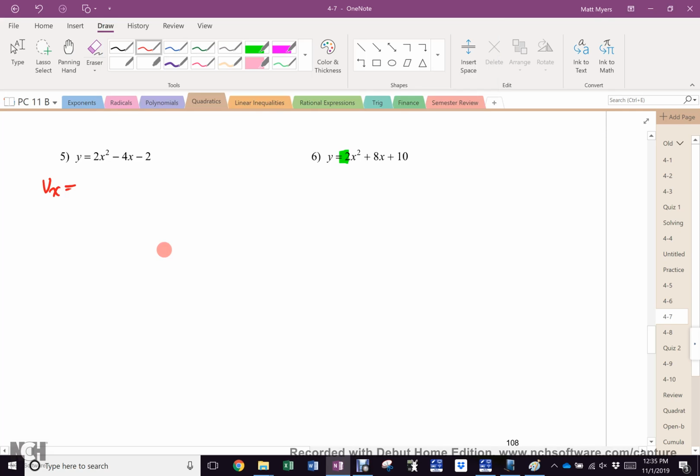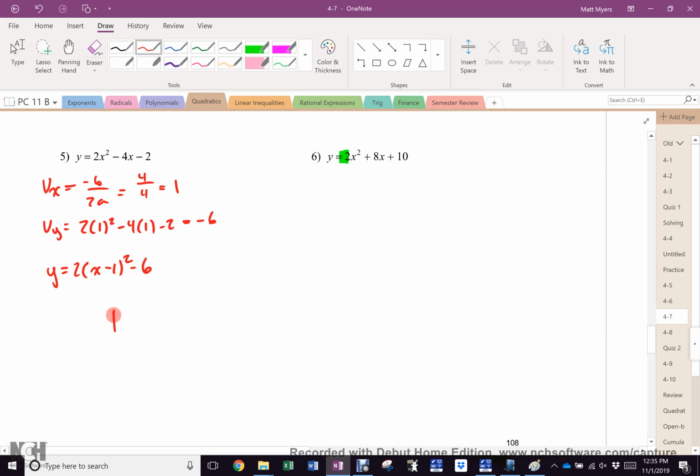All right. So, Madison, it's negative b over 2a, which is 4 over 4, which is 1. So then my vertex y is 2 times 1 squared minus 4 times 1 minus 2, which is 2 minus 4 is negative 4 minus 2 is negative 6. So then y equals a, which is 2, x minus 1 squared minus 6.